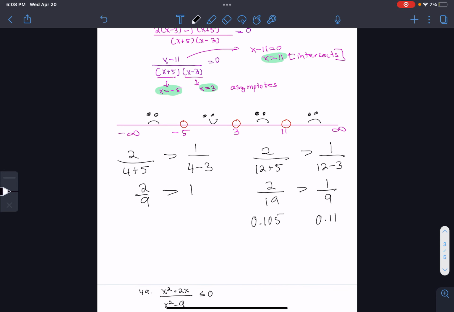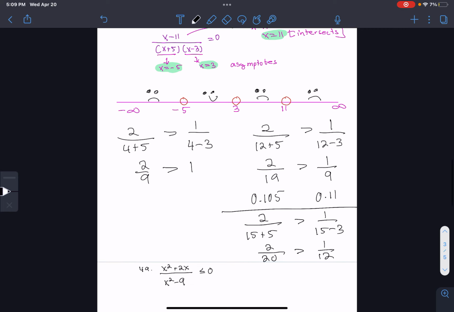Just to double check it, let's pick a bigger number. So if I do 2 over 15 plus 5 this time, is that still bigger than 1 over 15 minus 3? So 2 over 20, is that greater than 1 over 12? So is 1/10 greater than 1/12? I believe that is true.